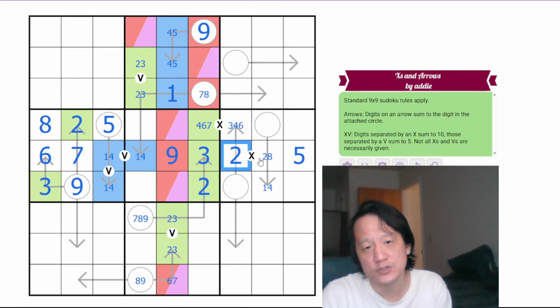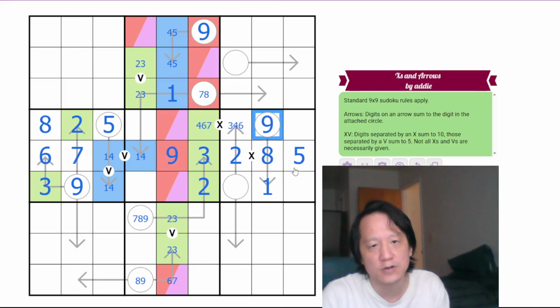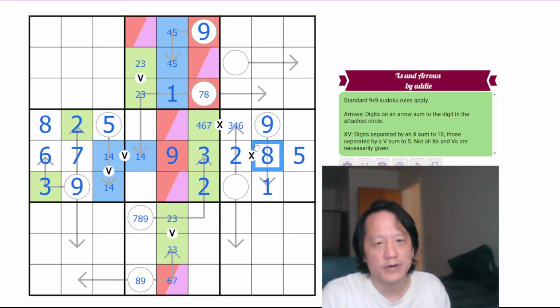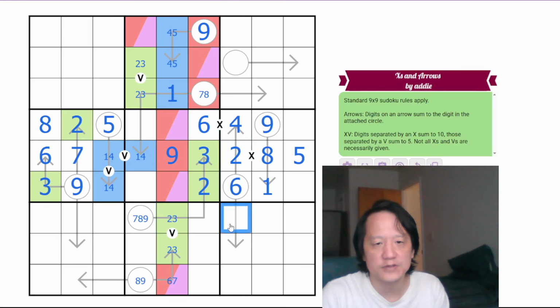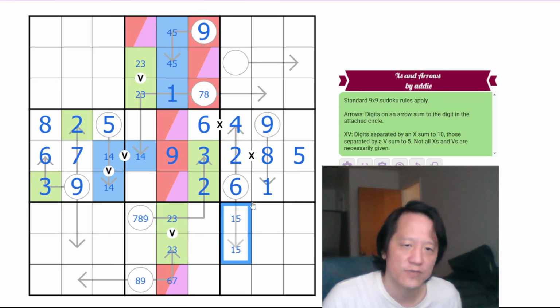Therefore, that makes this 2, which makes that 8 and 1 here, which adds up to 9 there. 2 and 3 would add up to 5, but that's not possible because of 5 in the box. 2 and 6 would add up to 8, which is not possible because of 8 in the box, so this must be 2 and 4 adding up to 6 here, which means this is 4 and 6 here, adding up to 10. And these two digits must add up to 10 without 2 and 4, so it's a 1-5 pair here, which eliminates 1 and 5 in the rest of the column.